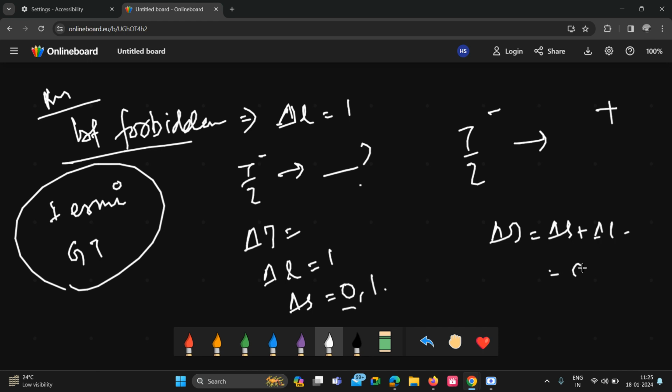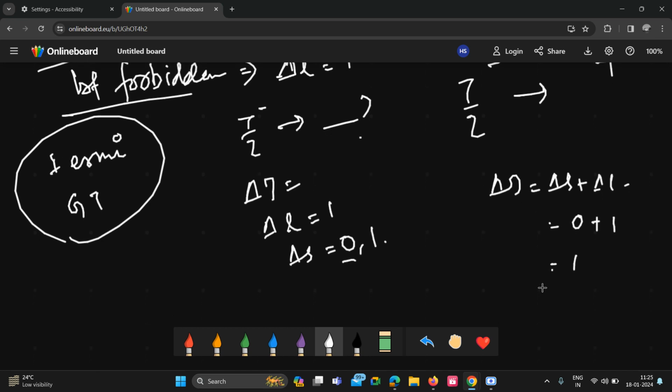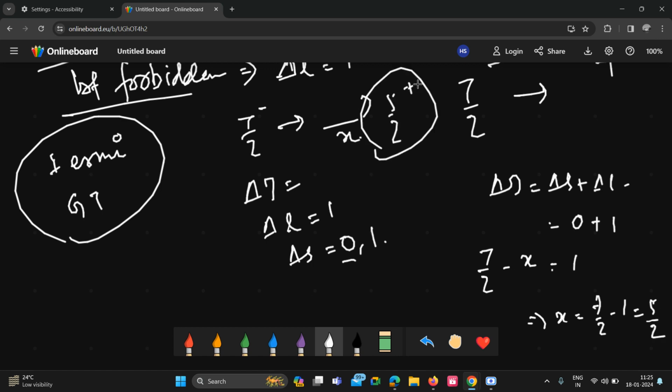So del S is 0, del L is 1. So del J is 1. 7 by 2 minus something, for example x. So x is 7 by 2 minus 1, that is 5 by 2. So it can be 5 by 2 plus, for del S equal to 0. So 5 by 2 plus will give me first forbidden by Fermi.